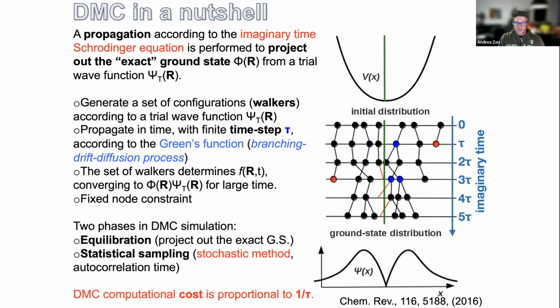And so after an equilibration time, we just sample stochastically and have an estimation of the energy. The cost is proportional to the inverse of the imaginary time step.